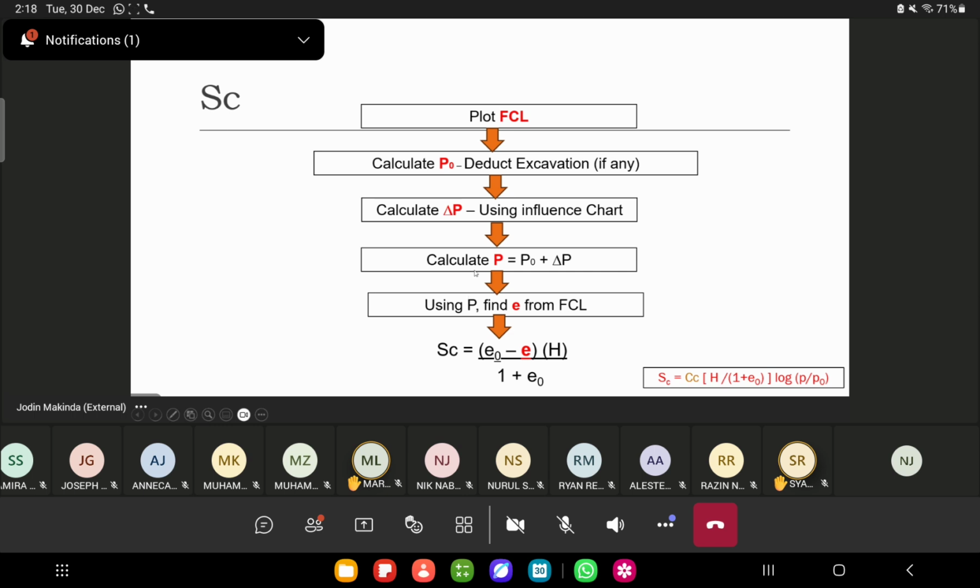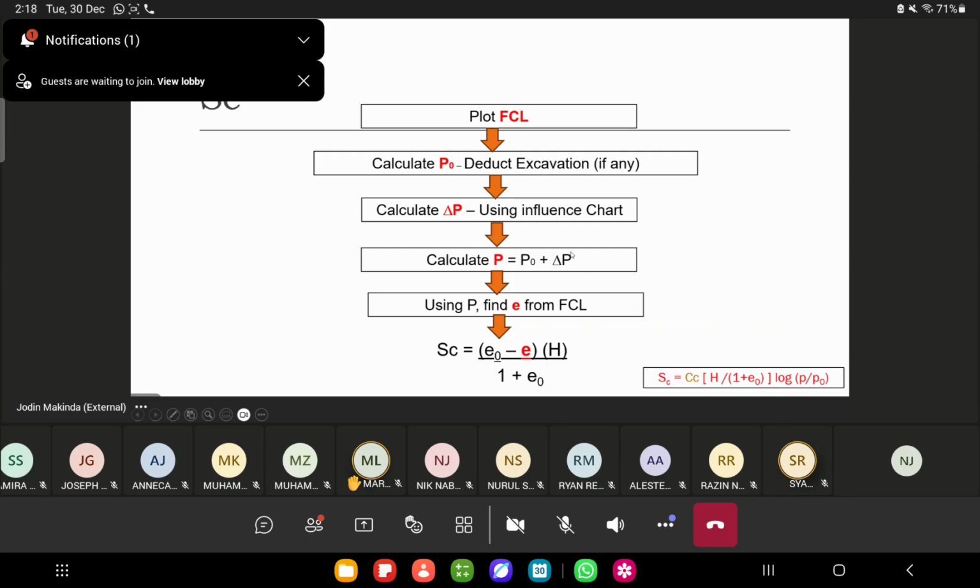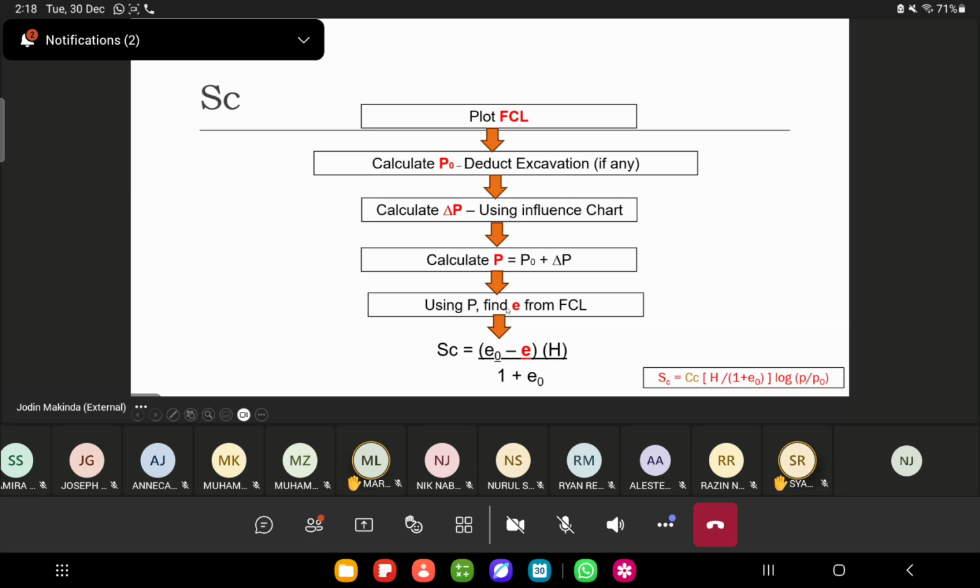Then after you calculate the effective overburden pressure and the stress increment, you can calculate the current effective pressure by totaling them up, and then use that to find the void ratio from the FCL.